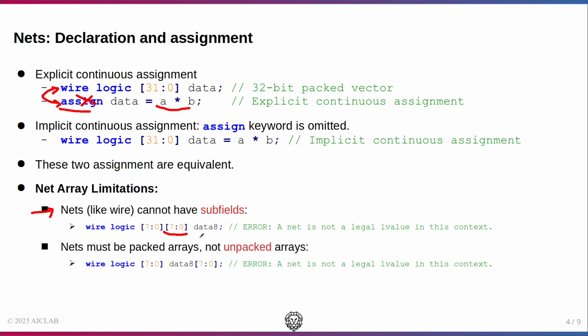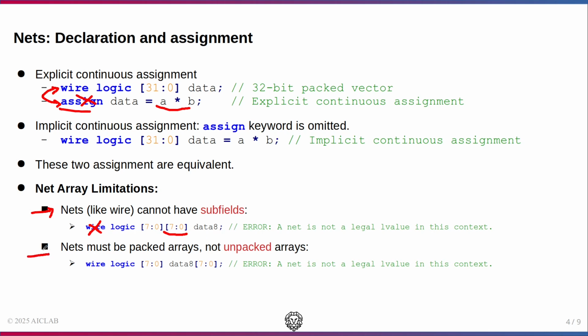It means that a two-dimensional array or subfield is not supported for wire, and SystemVerilog only supports subfields for variables. The solution is to remove the wire keyword to make the data a variable.